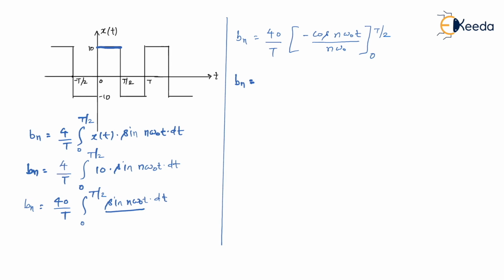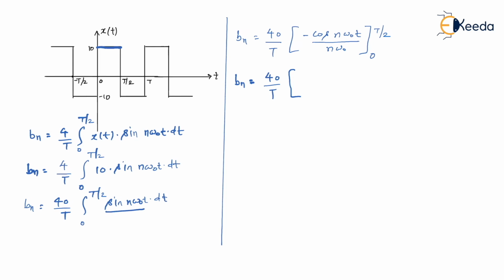And I'll write Bn equal to 40 divided by T as it is. Generally we perform it like this, that is higher limit minus lower limit, but because of the presence of the negative sign I'll do it exactly in reverse, that is lower limit minus higher limit. So let us perform lower limit minus higher limit.